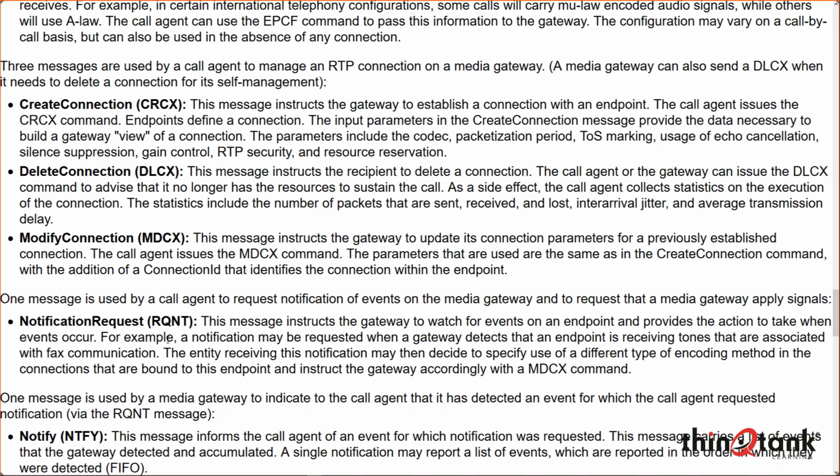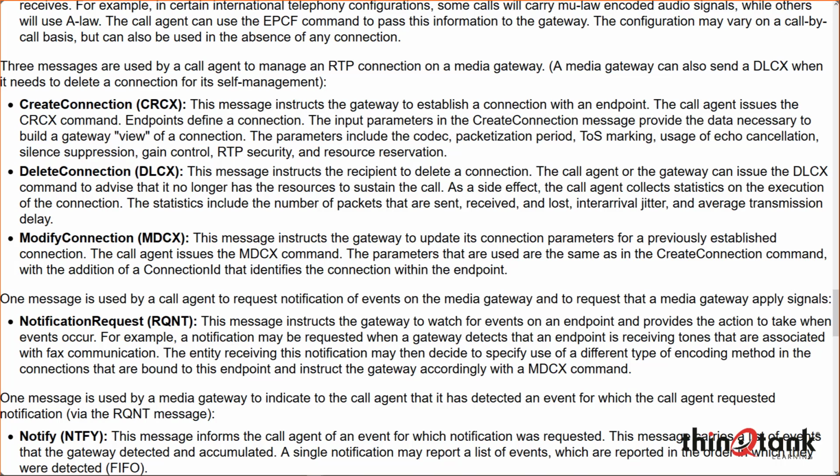Maybe we're going to use a different speech encoder. Maybe we're going to mute the call. Maybe we're going to change the duplex from half duplex to full duplex and so on. All right. Another verb is used by the call agent to request notification of events that are happening on the particular endpoint. Maybe this is to apply signals to the PSTN network link.